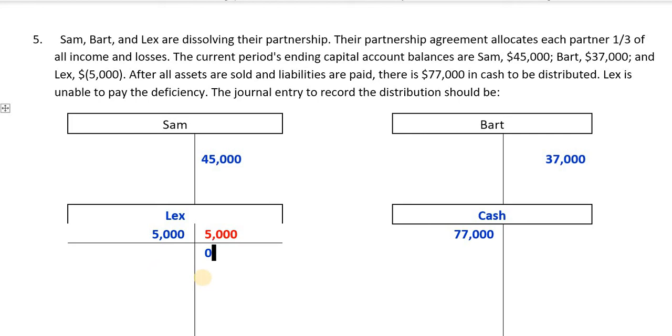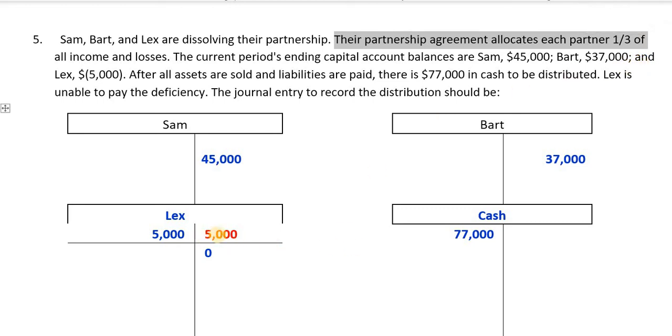Okay, better debit something for $5,000 then, huh? Well, not going to debit cash. Who has to absorb the impact of his capital account? Must be Sam and Bart. How much do we each get? Well, we were told that the partnership agreement was a third, a third, a third. Well, one of those thirds is gone, so the other two get a third each, so they must share it equally.